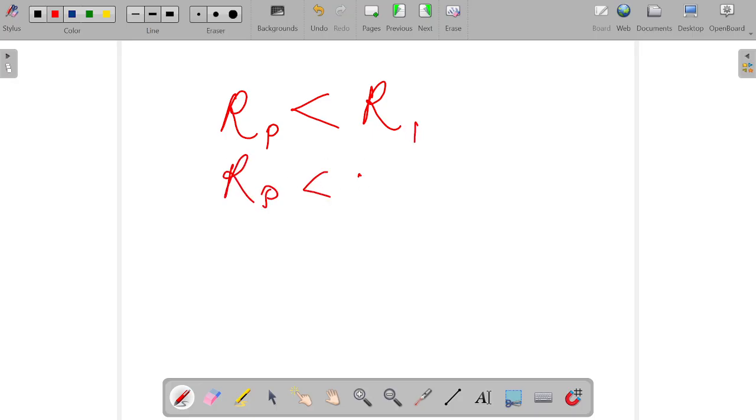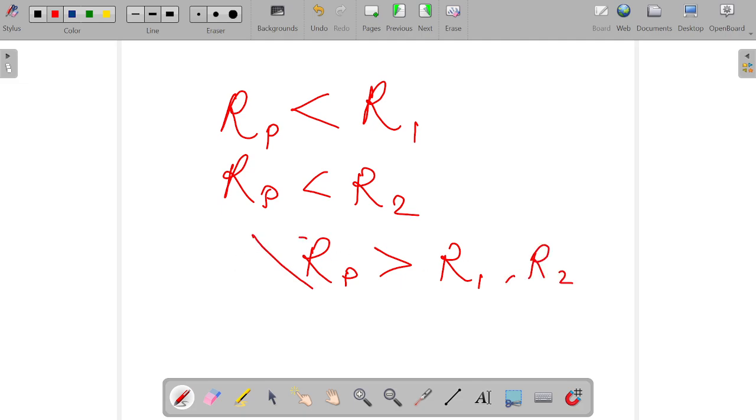Rp is less than R1, Rp is less than R2. After the calculations, you can tally your answer. If the answer is greater than R1 or R2, then you are wrong. For a parallel combination, the effective resistance is always less than the individual resistances.